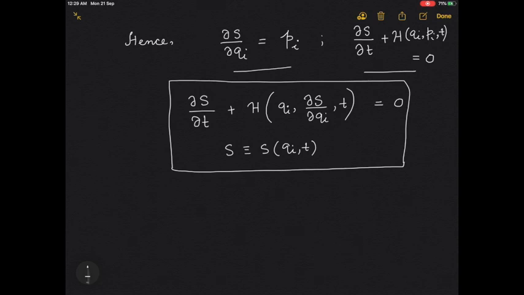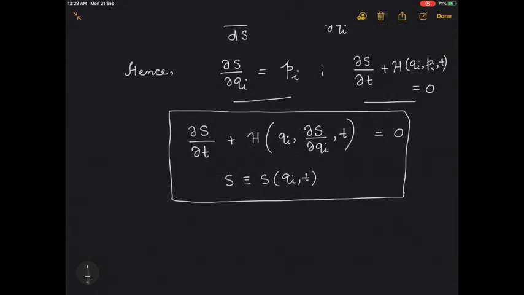You get the action, which is all right at this stage. So I got a partial differential equation for the quantity we call action. And if you want to really solve it, we need, how many initial conditions will we need? Well, S is a function of n qi's and one time.